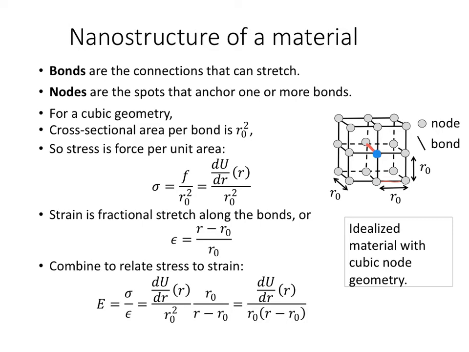So if it's anchored at this blue node, it's coming in and out of the plane, so the cross-sectional geometry is in the plane we draw.